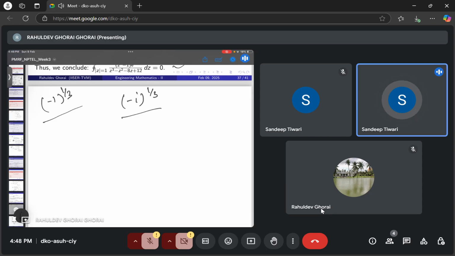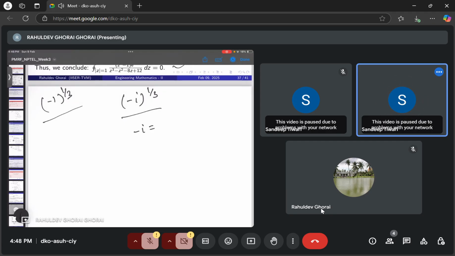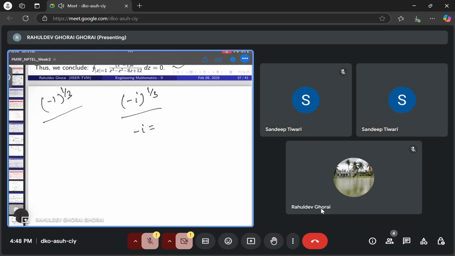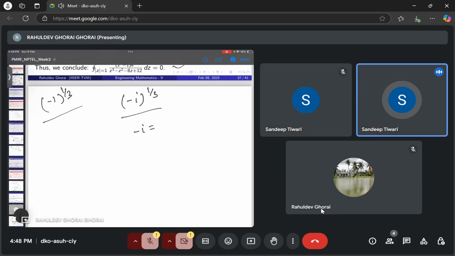Sir, first we put z is equal to minus one to the power one by three. For finding the third root of minus one, we first let z is equal to minus one to the power one by three.